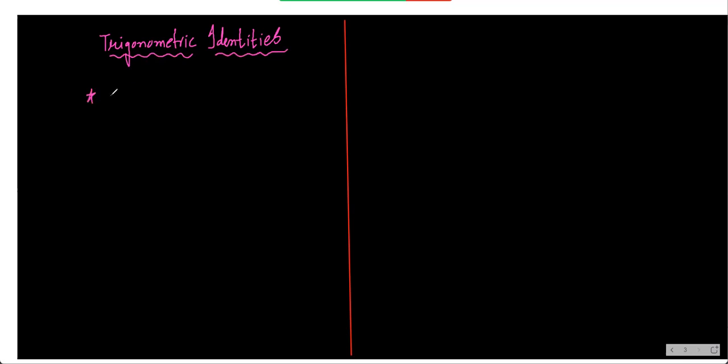First one is sin square theta. आप थोड़ा सा कॉलेज में पढ़े होंगे ना, कुछ तो आइडिया है. Sin square theta plus cos square theta is equals to 1.